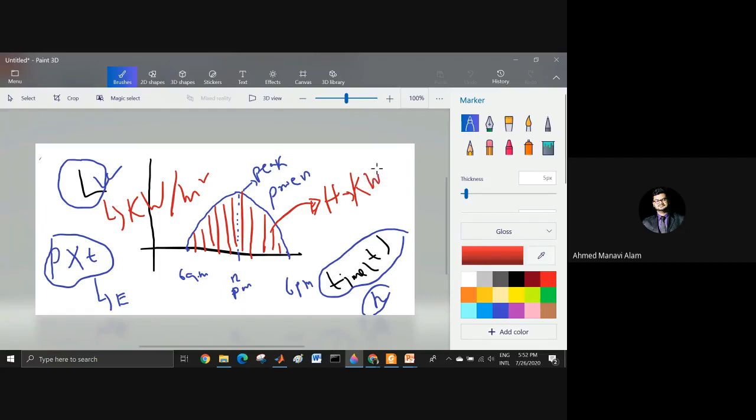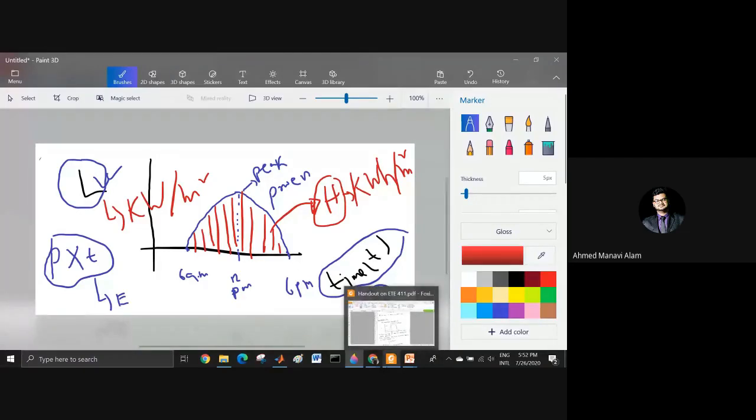It will be kilowatt hour per meter square, because you multiplied by the hour. That H is the energy. This energy is called the incident energy of the sun.